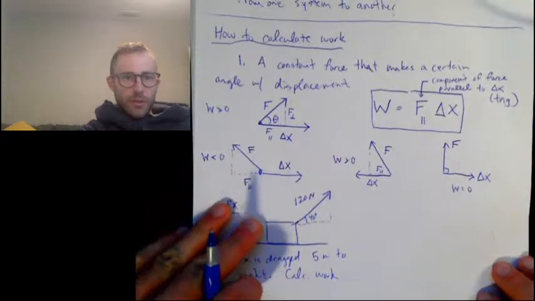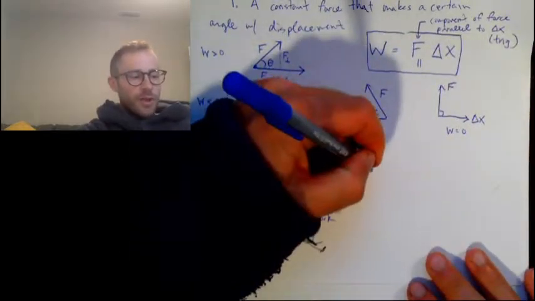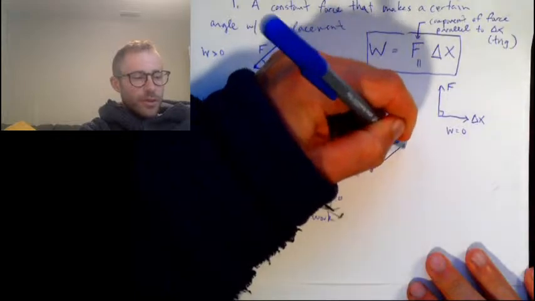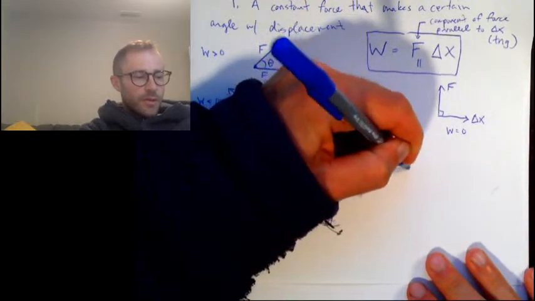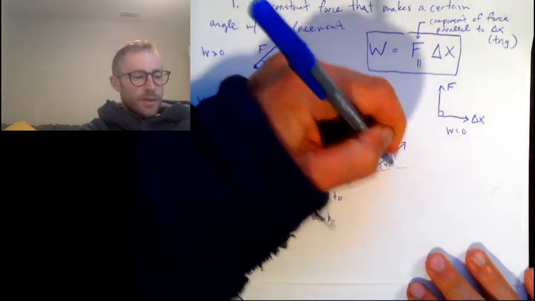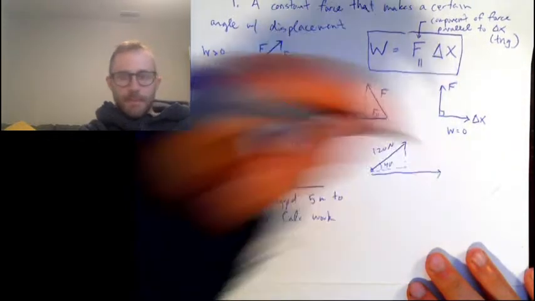Okay, so in this case, what we would do is I'd make a little diagram. So here's 120 newtons. Here is 40 degrees. Okay, and the displacement is going this way.